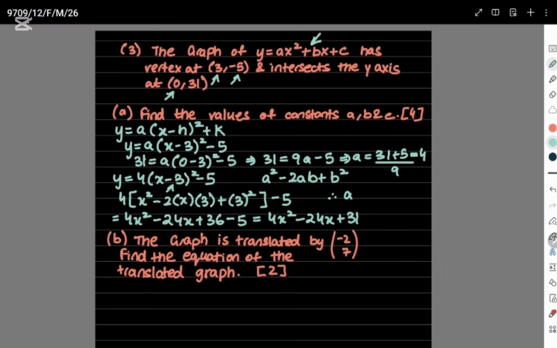Therefore, a is equal to 4, b is equal to minus 24, and c is equal to 31. That's it.